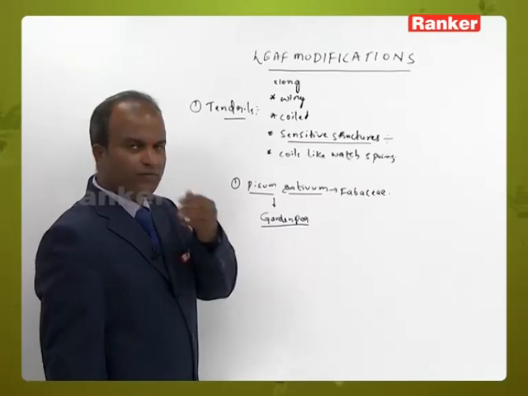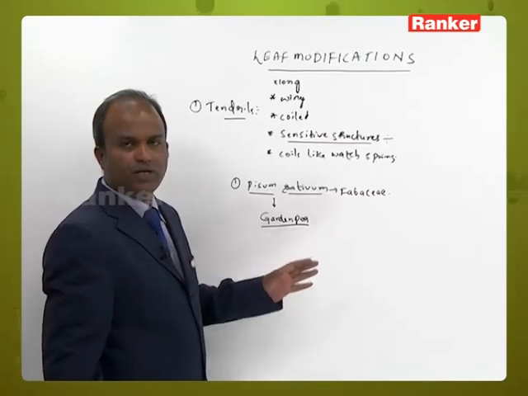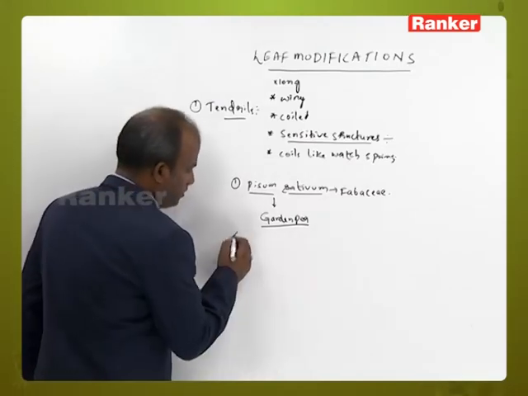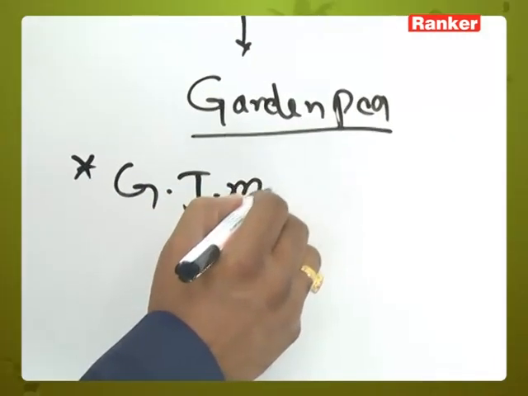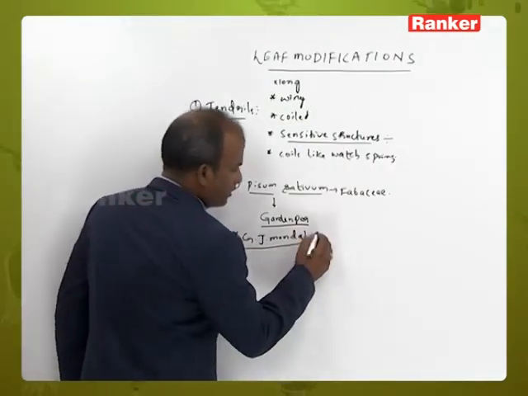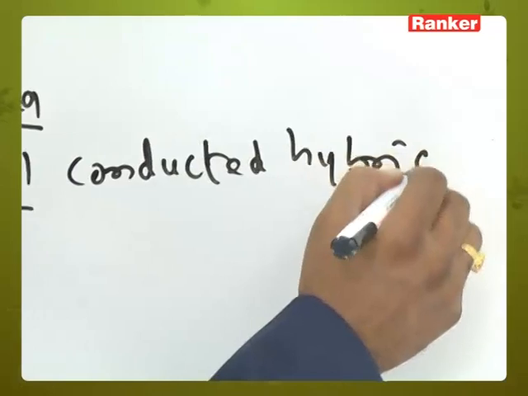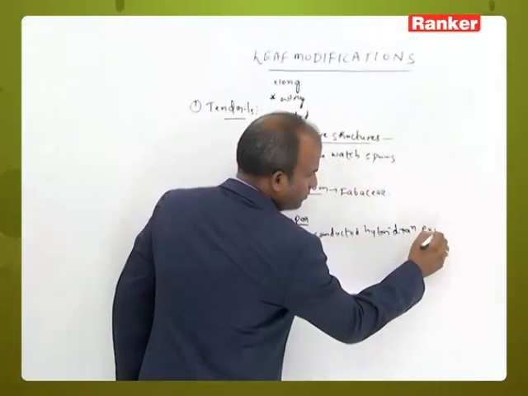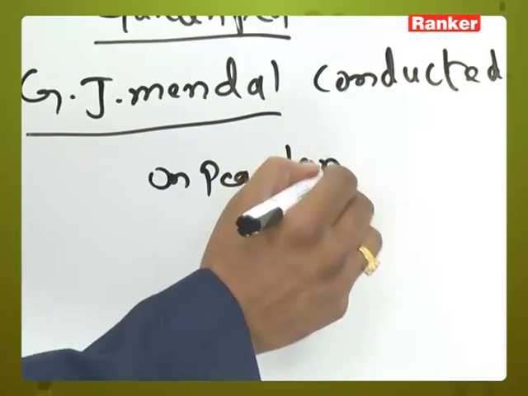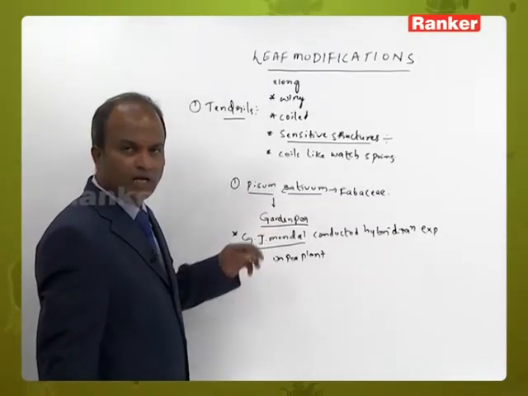In this Pisum sativum, one more thing: which scientist conducted hybridization experiments on it? Gregor John Mendel conducted hybridization experiments on the pea plant, Pisum sativum, commonly known as the garden pea plant.